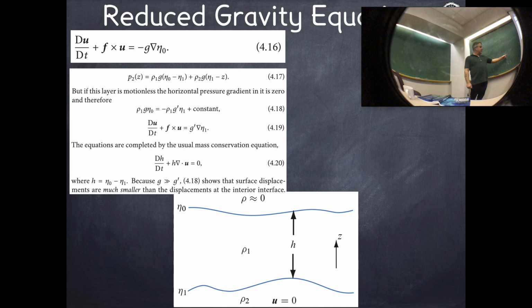They're both linked together. They both tell you the same pressure. But if we want to have a closed system, we can think of this as being for the bottom interface. This is the bottom interface. And then we have a closed set of equations. Does that make sense to everybody?